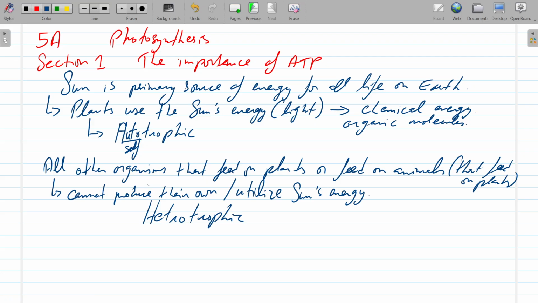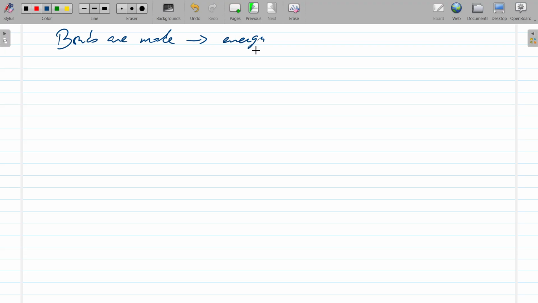Then, while discussing ATP, they highlight the fact that when bonds are made, energy is used. And that makes sense. I'll say when bonds are broken, energy is released.